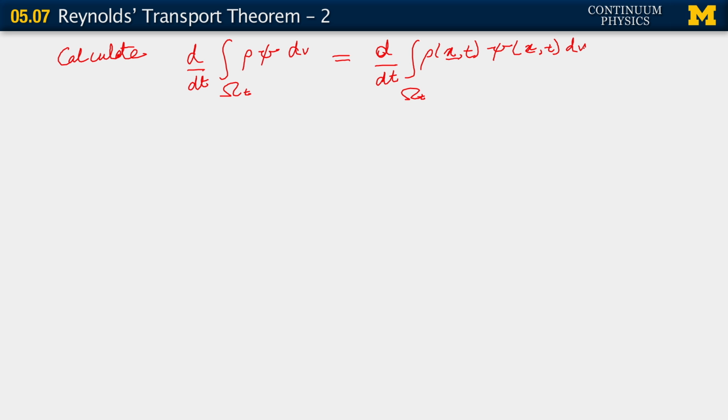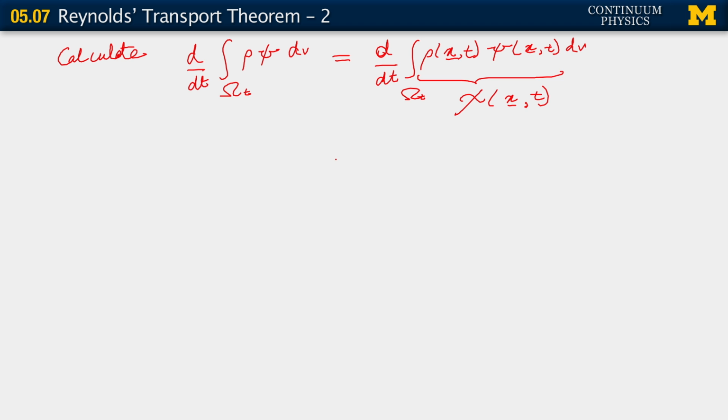But if you look at that, you observe that there is actually nothing to do here, because we already know the result. Simply observe that this product is itself some other field. Let's call it chi of x comma t. So we can just apply our result from the Reynolds transport theorem.